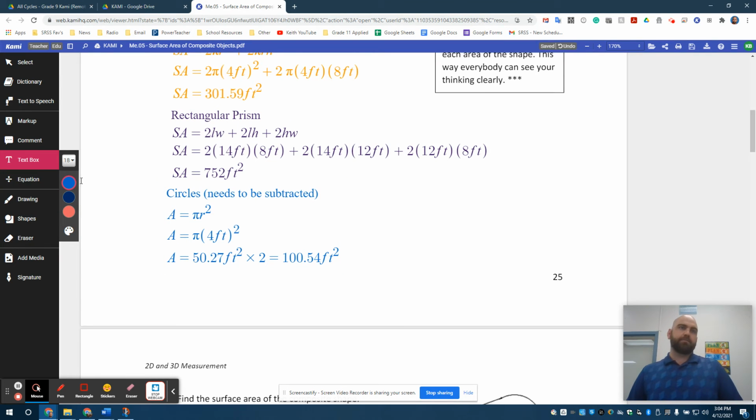Now I'm going to put this right here at the bottom because I'm running out of space and I want to keep everything neat and tidy.